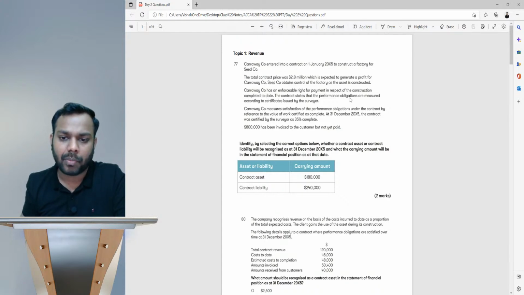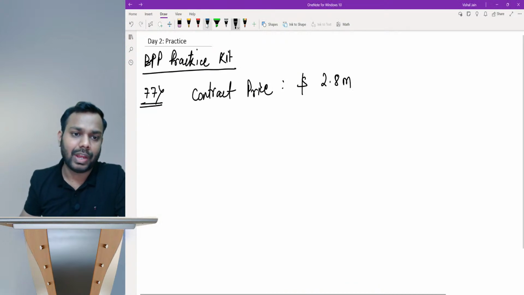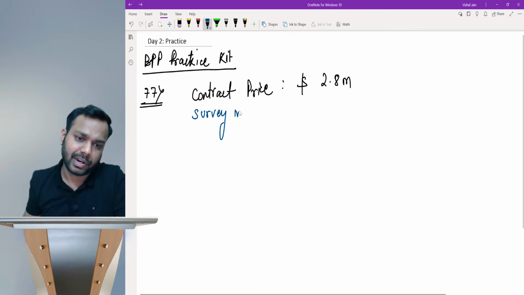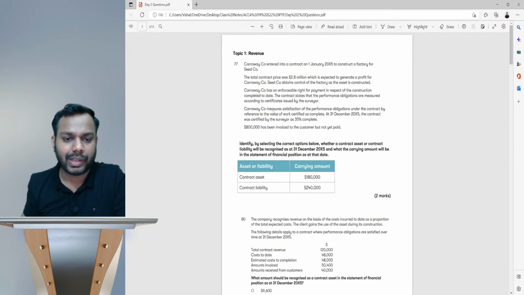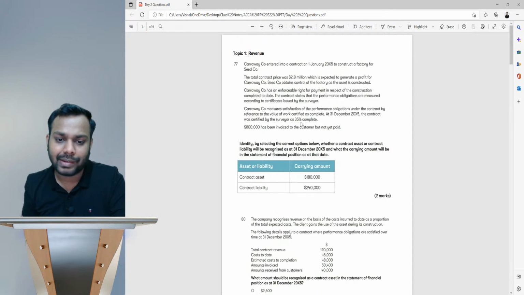The contract states that the performance obligations are measured according to the certificates issued by the surveyor. What does it mean? Which method? Survey method, right? So we are following the survey method. Now, what does the question say again? As at 31st December 20x5, the contract was certified by the surveyor as 35% complete.